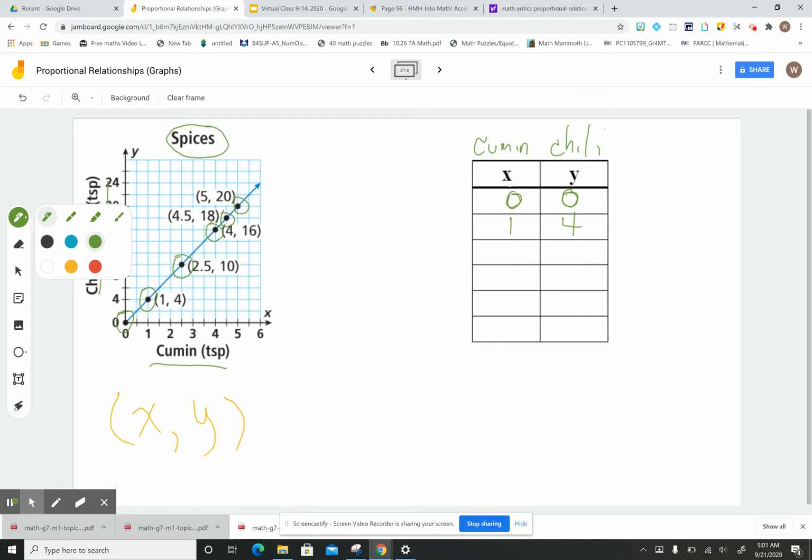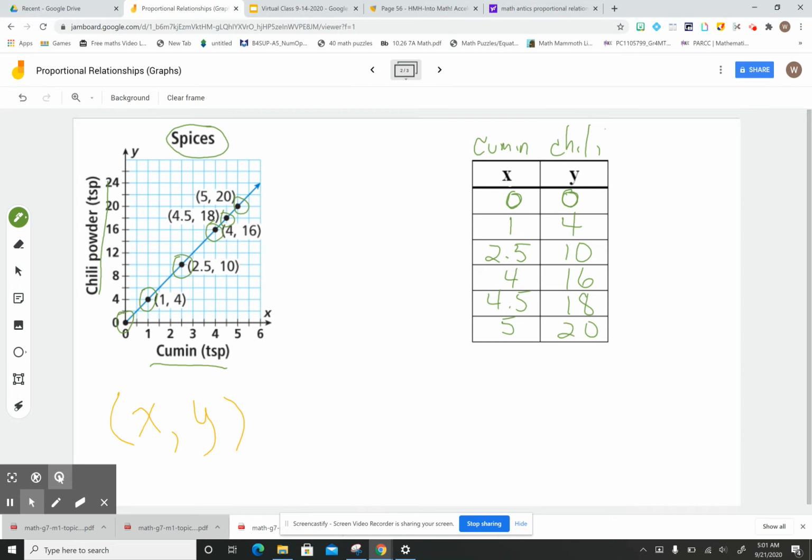Next we have 2 and 5/10, so 2 and 1/2, 10, we have 4, 16, 4 1/2, 18, 5, and 20. Now, just by looking at this graph, does this graph represent a proportional relationship? Give you about 10-15 seconds to look at it.